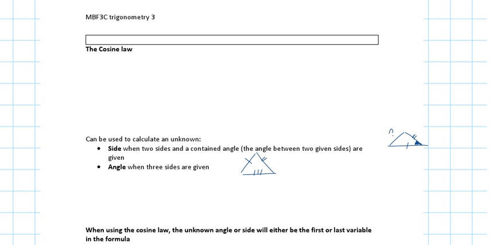Okay? With the sine law yesterday, we had to have an angle, its opposite side, and another side, right? And I could look for angle B if I want right now because I have two sides and I'm looking for angle B. Or I had to have any two angles and then any side. Okay?